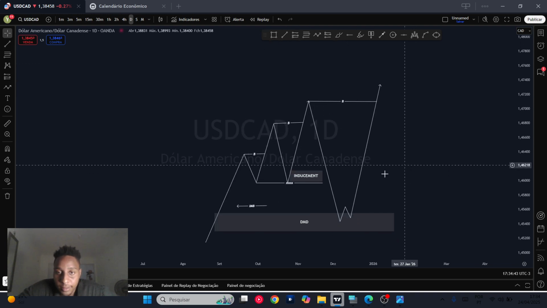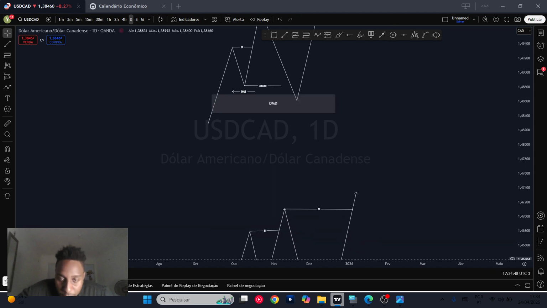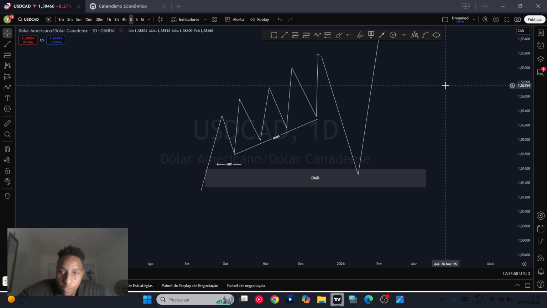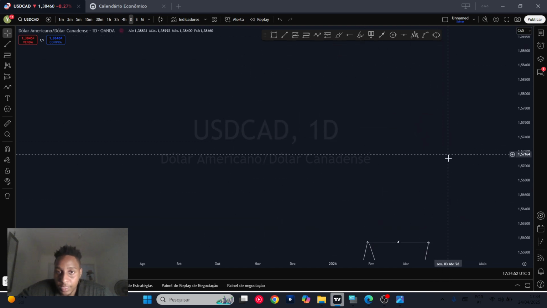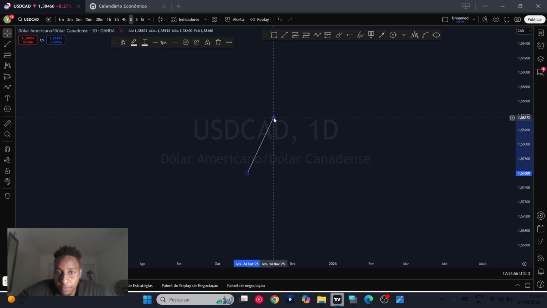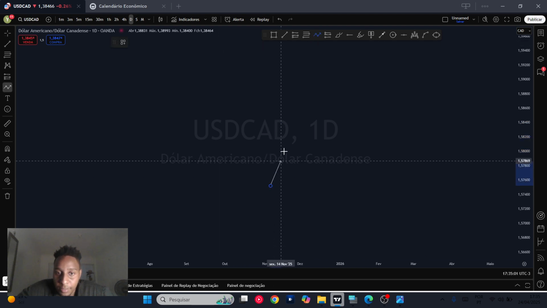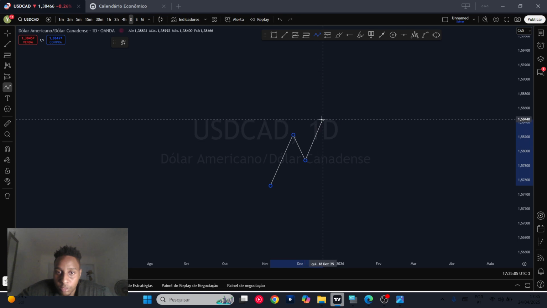And last but not least, the fourth model. What about the reversal model? The reversal model, guys, understand something. The reversal model is price came to a level. Sorry. It is basically price created a breakout structure, right?